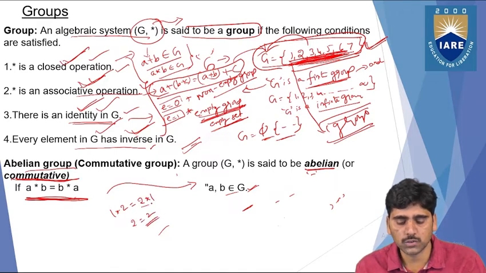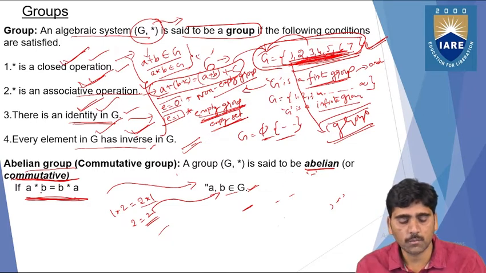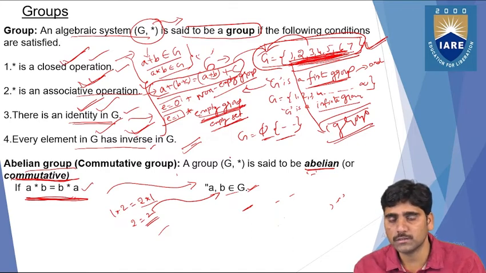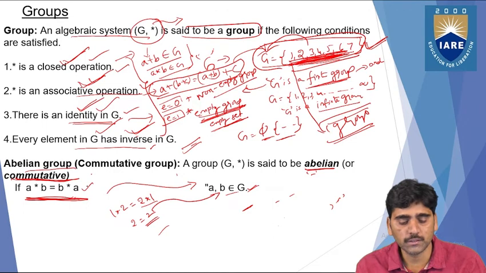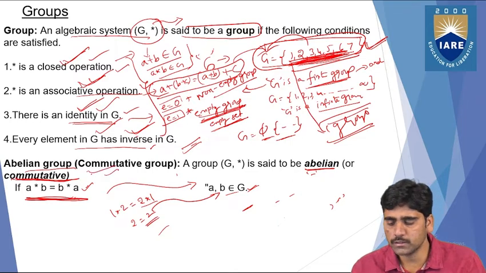So this 2 belongs to this group only. This is the commutative formula, and if the group satisfies this commutative law, then it is said to be a commutative group also. So commutative group or abelian group are both the same. If you mention this commutative law, then you can say that the group is a commutative group or abelian group, right?